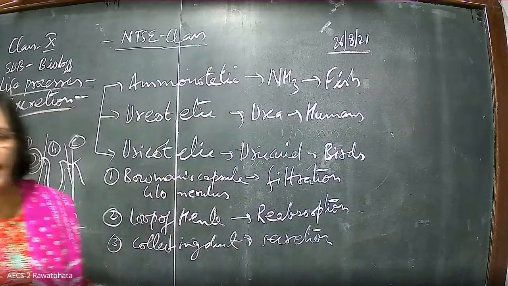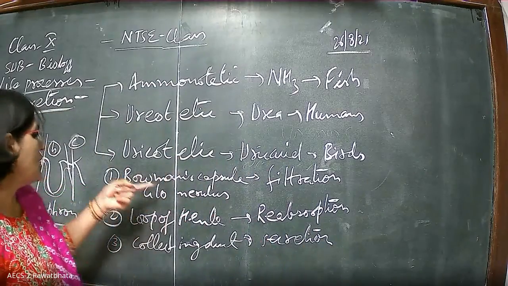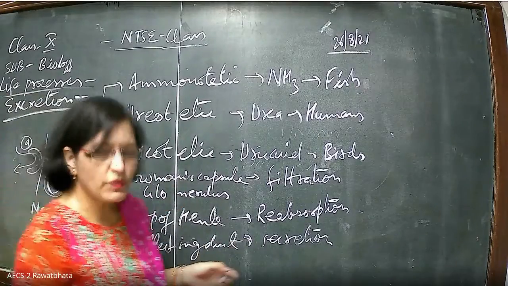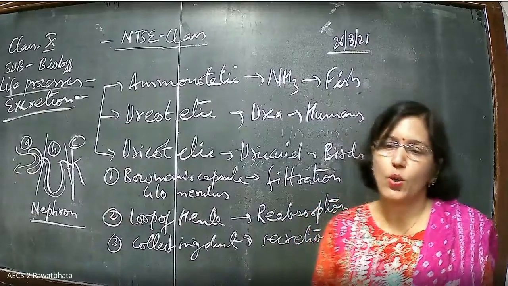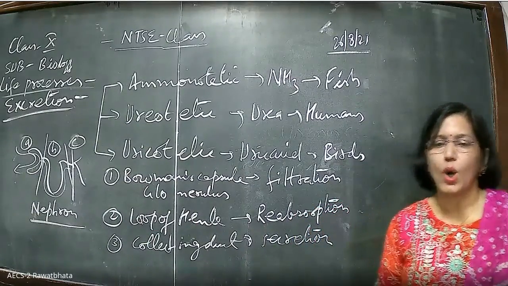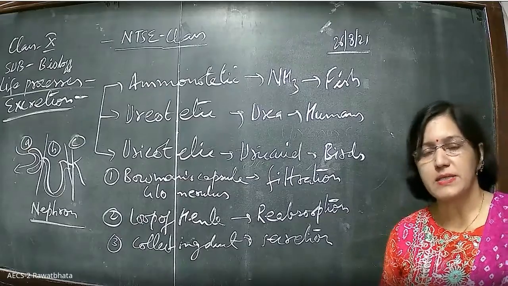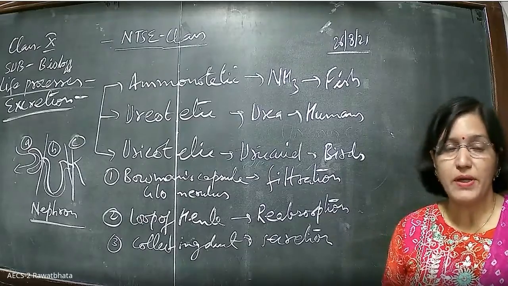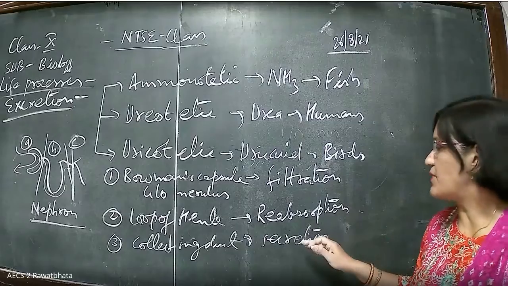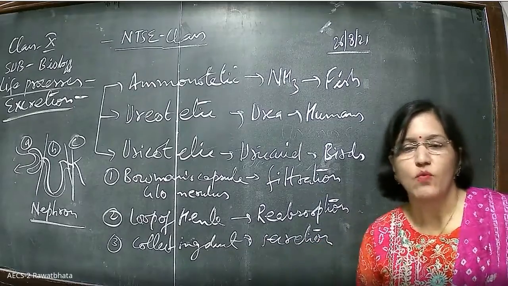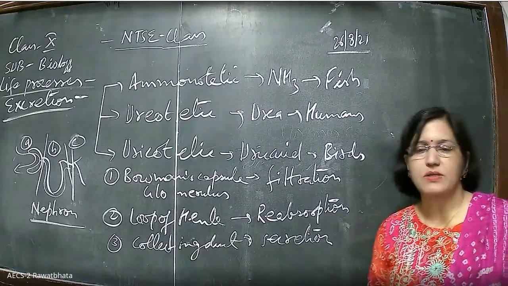Now, what do we have from these categories? In filtration, most of the things are filtered, be it good or bad: water, salts, urea, amino acids, anything that is in excess. In the loop of Henle, most of the things required by the body are reabsorbed: water, amino acids, useful substances.